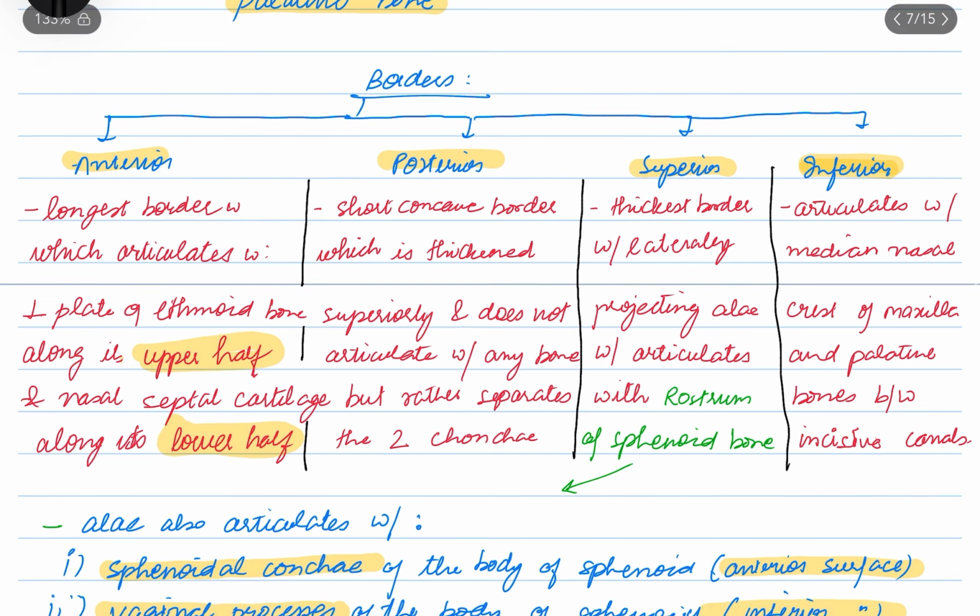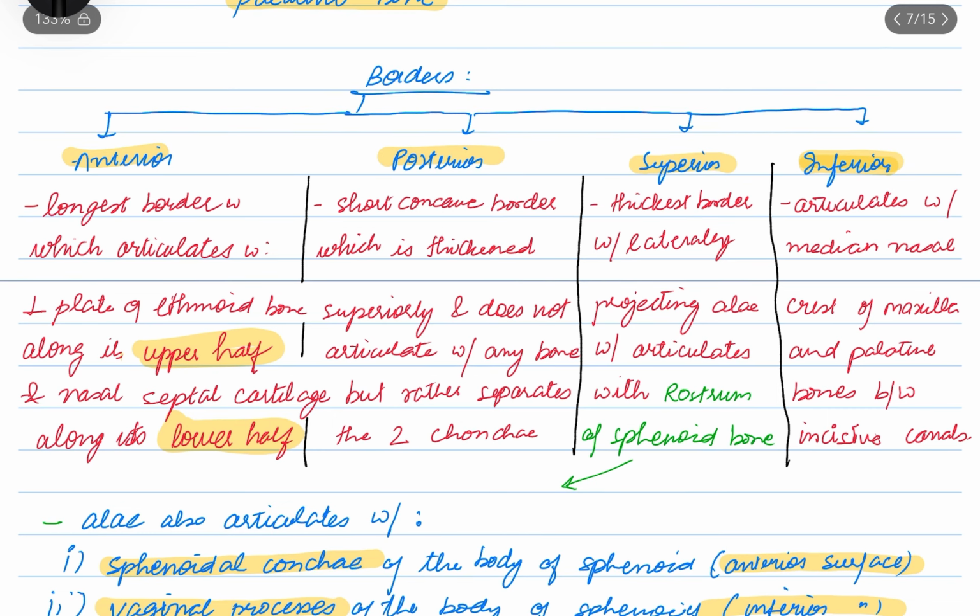Now the posterior border: a short concave border, thickened superiorly, which does not articulate with any bone but rather separates the two conchae.